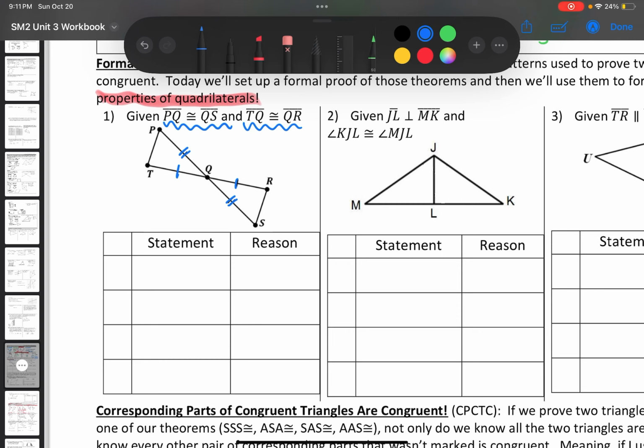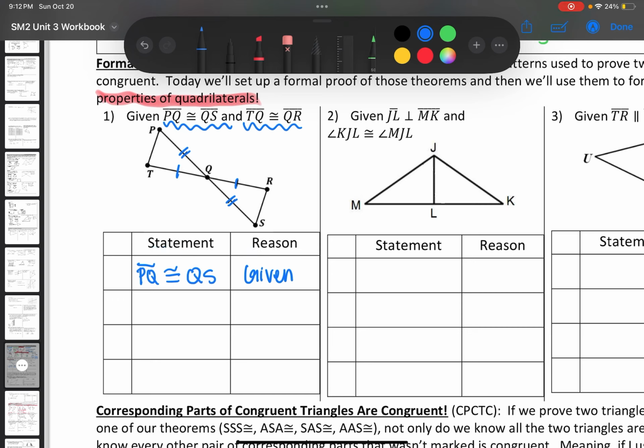When I write my statement, it's going to be what's given. So my statement is PQ is congruent to QS, and I need to write a reason. The reason why I know they're congruent is simply that it's given.